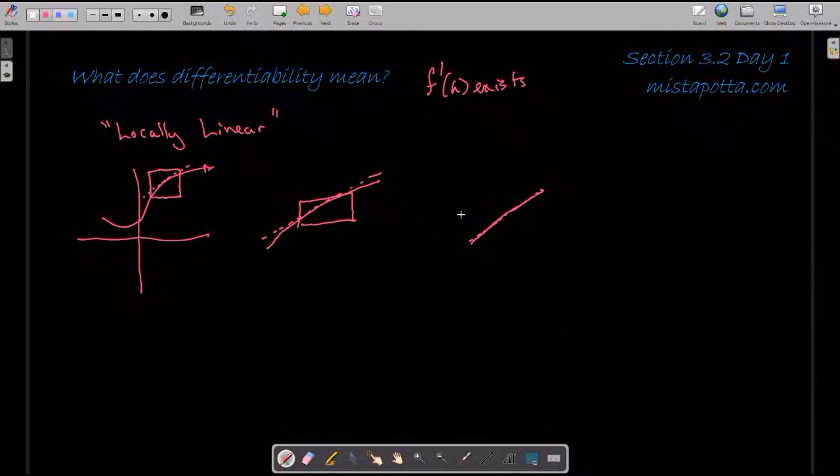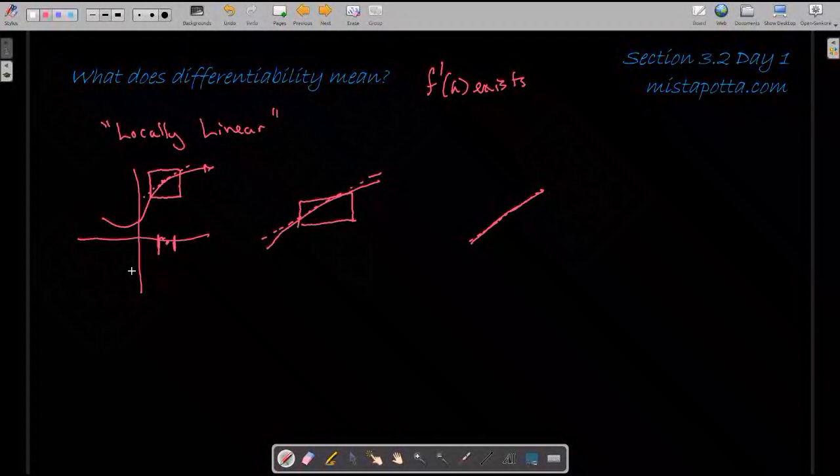It means locally my graph is linear. Locally, for some domain around the point that I'm looking at to get the tangent line, the tangent line is actually a very, very good approximation. I'm going to be off by just a little bit if I use that tangent line to approximate.